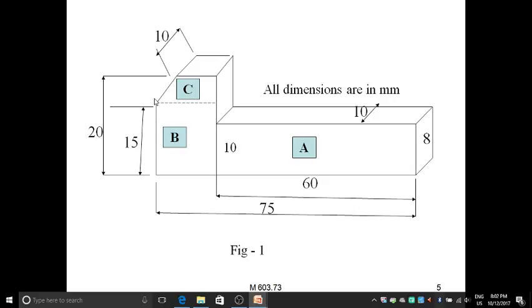The height is also 15, and the width of the cross section and the width of section B is also 10. So 15, 15, 10. But here you take this value, you calculate this value. It is also a trapezoidal cross section. So you divide this into A, B, C cross sections.